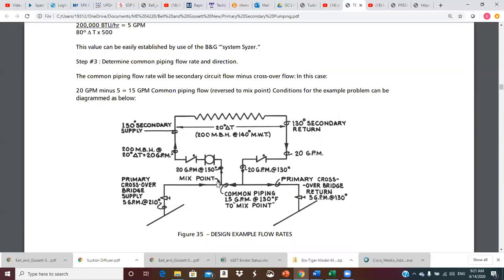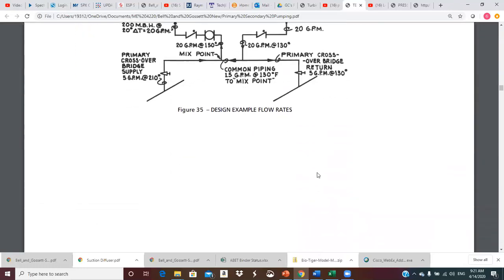So that 15 and 5 mix right there. We get 150 here. We pump it out into the system. It goes through the coil. The 150 drops 20 degrees to 130. We've got 20 GPM at 130 coming back here. 5 of it goes here, and 15 of it recycles. So I think you should be pretty good on that.